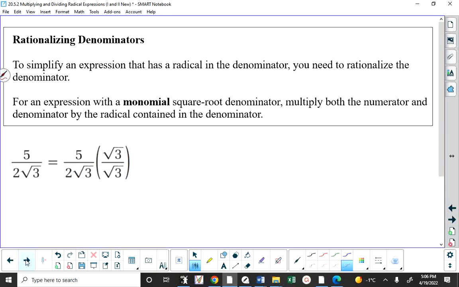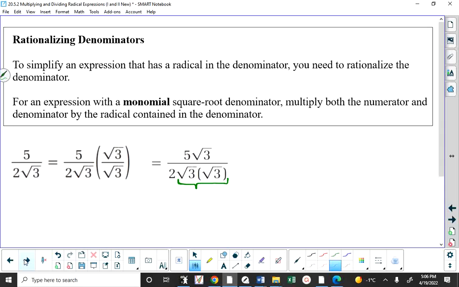Well, what do I get? I end up on the top with 5 times root 3, which is 5 root 3. And on the bottom, I have 2 root 3 times root 3. And you will start to glean some information as to why this is going to be successful at this point.